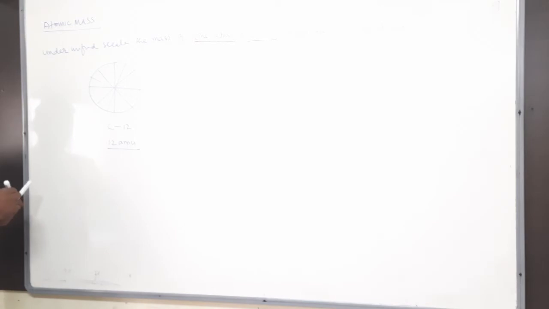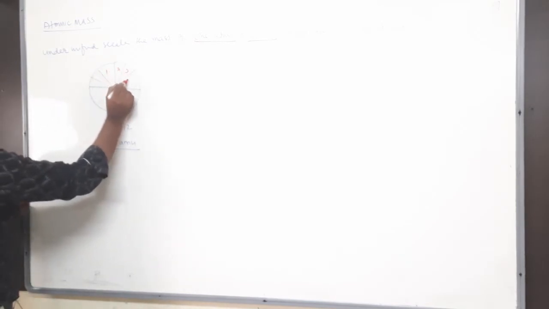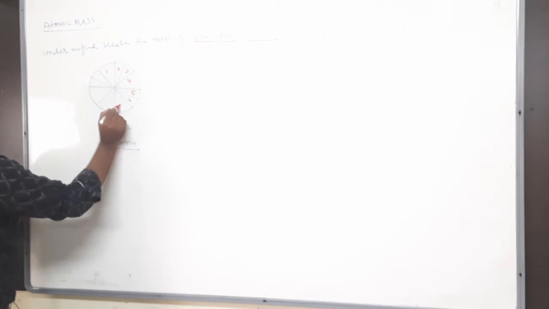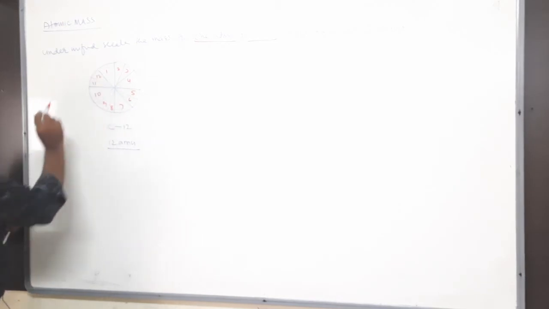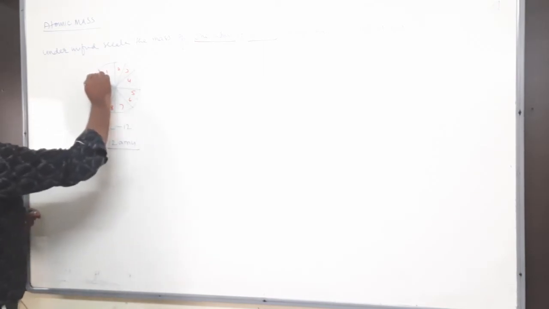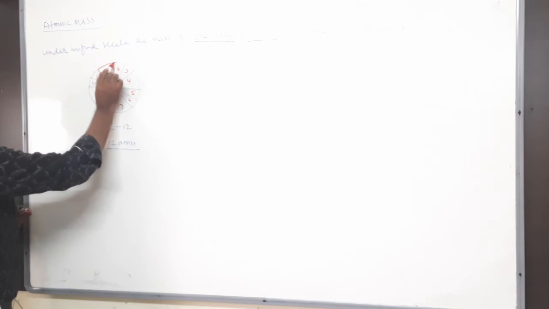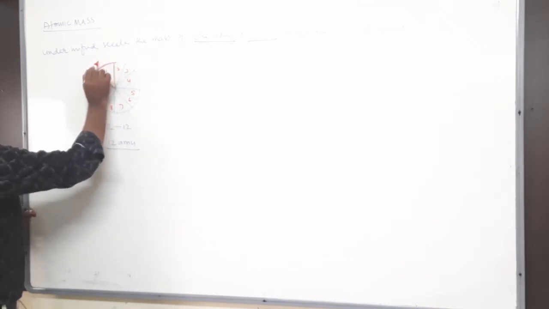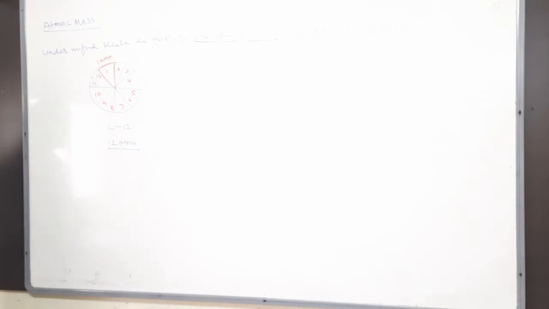If I divide into 12 equal pieces, then it is 1, 2, 3, 4, 5, 6, 7, 8, 9, 10, 11, 12. You just imagine all are equal. This one part is nothing but called what? 1 AMU, because total is 12 AMU.